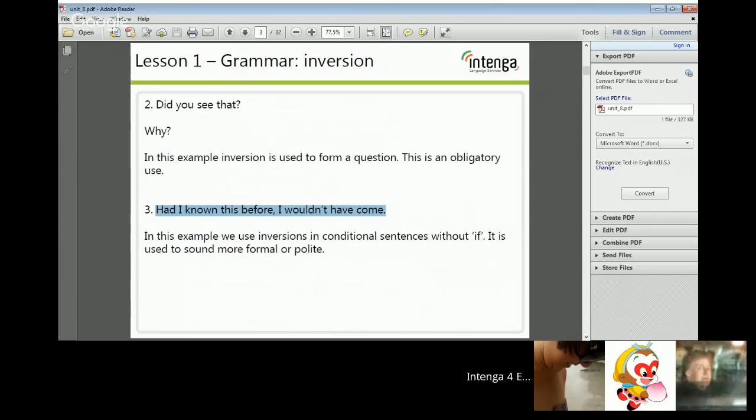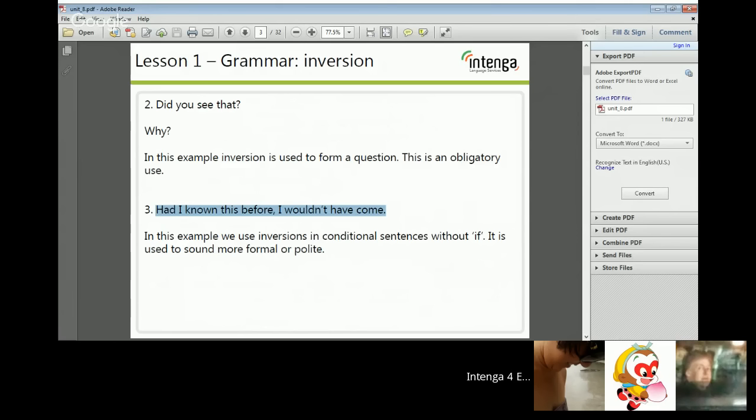So what we're doing is we're taking out if, and we're using inversion here to change around the subject and the auxiliary, which is one of the first examples that we saw that we can do. And that's basically it. Do you see what's happening?